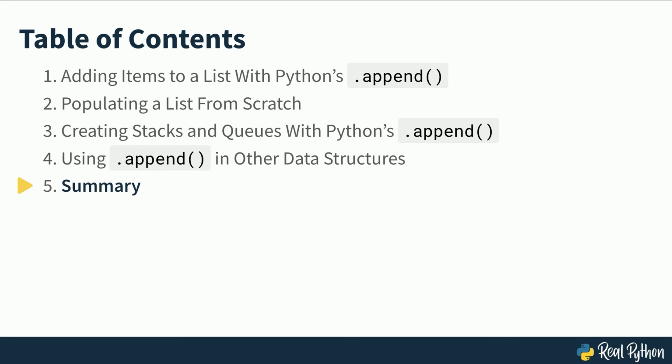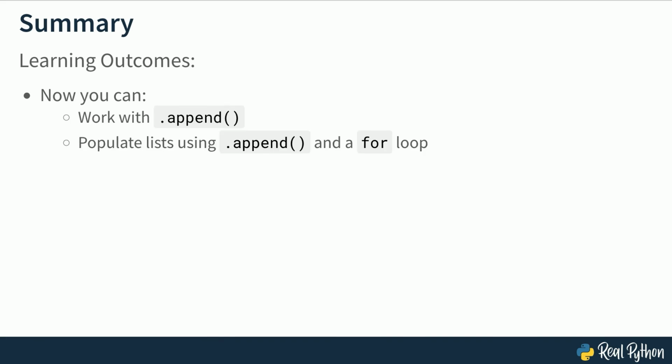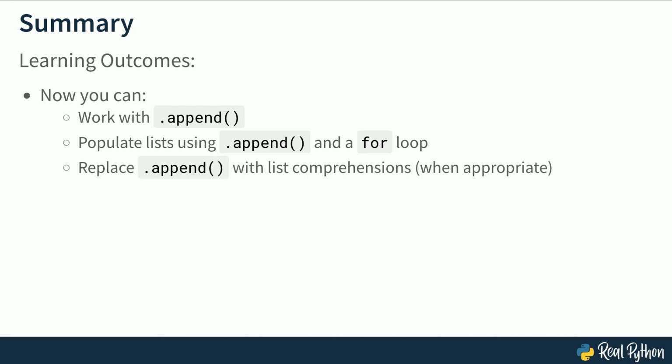Great work. Let's look at everything you've done. First, and most importantly, you learned how to use the append method. You saw how it's used to populate lists inside a for loop. And you saw a different way to populate lists using list comprehension.